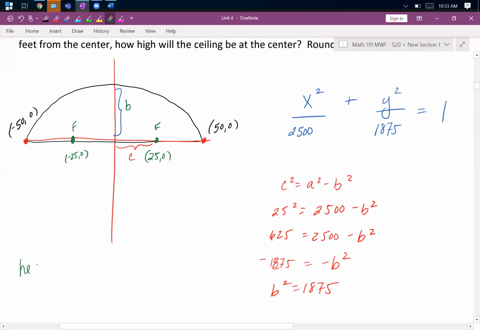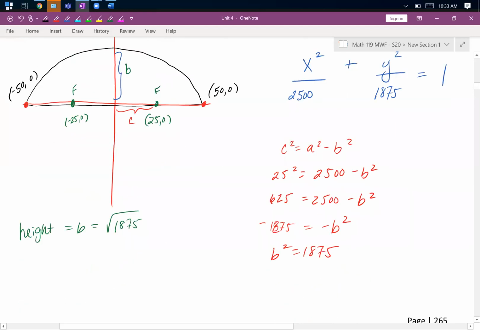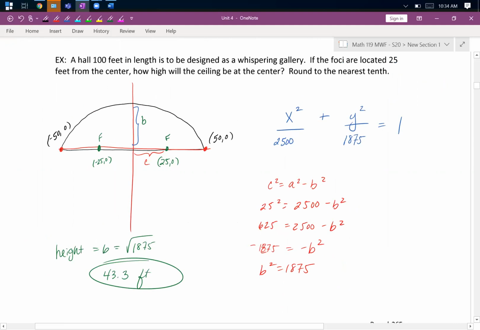So the height equals b, which is the square root of 1875, and our directions say round to the nearest tenth. So just pop that in your calculator. 43.3. 43.3, and our unit is feet. Oh, there we go.